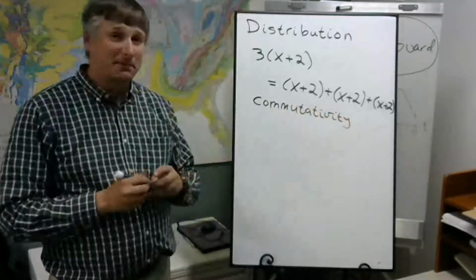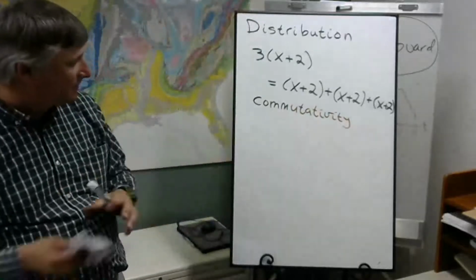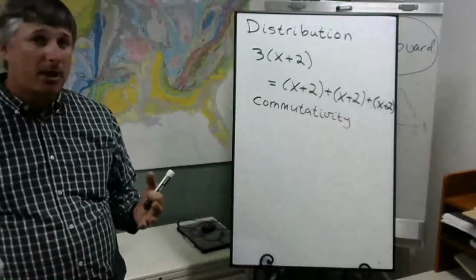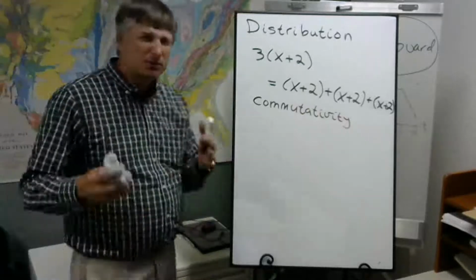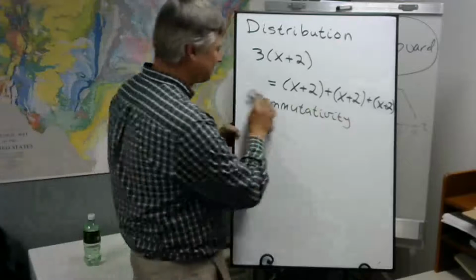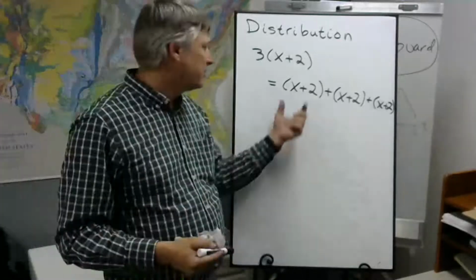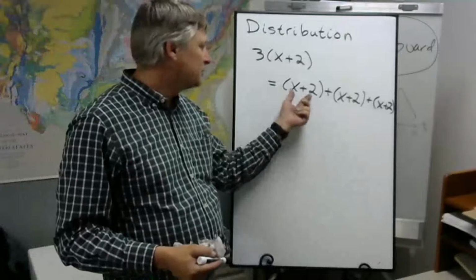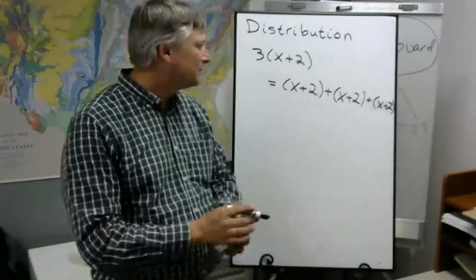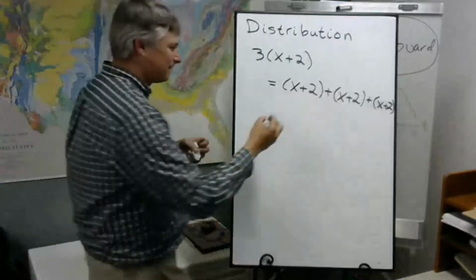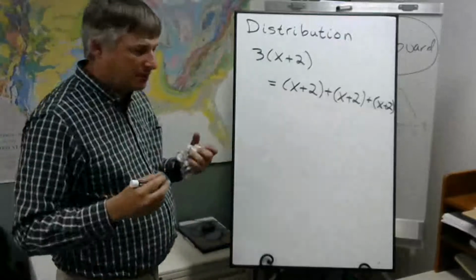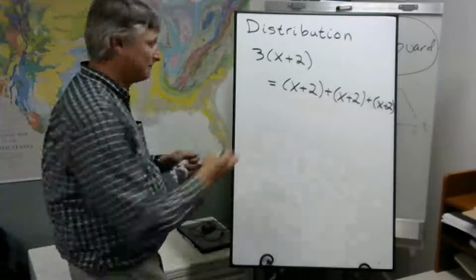Now, the other property is associativity. This is where parentheses really come in. We use parentheses to group calculations. Like I want to group these two elements. And associativity means the parentheses don't matter.